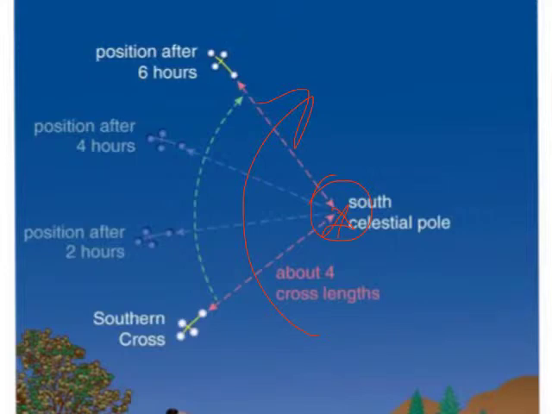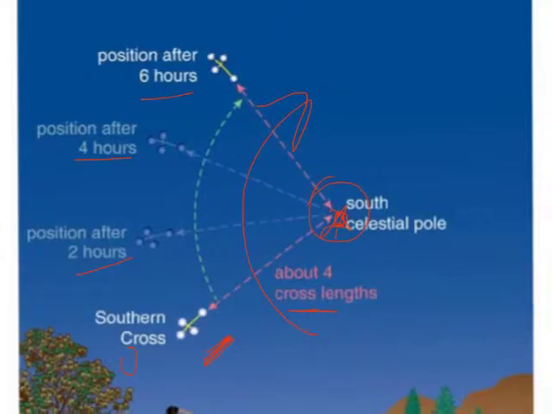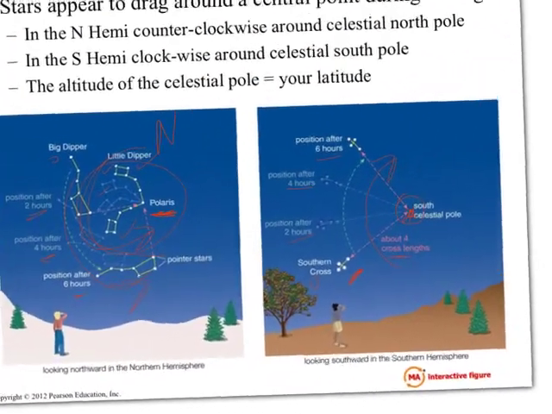For instance, what they do is use about 4 lengths of the Southern Cross to get to the region of space that the motion occurs around. So this is 0 hour, 2nd hour, 4th hour, 6th hour. The motion again is clockwise. So I hope that works for you.